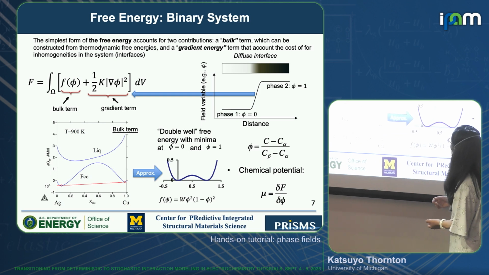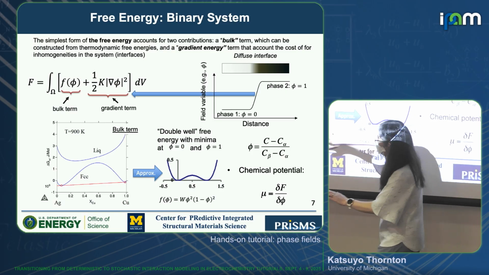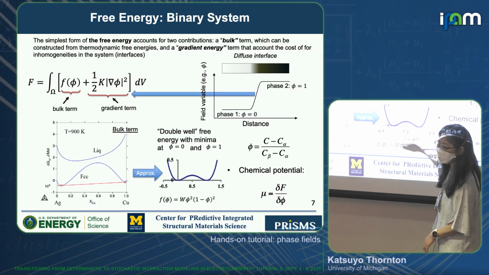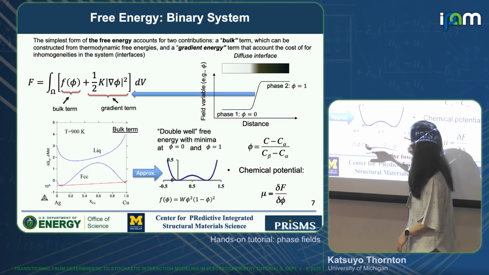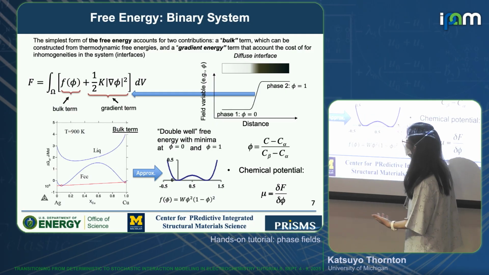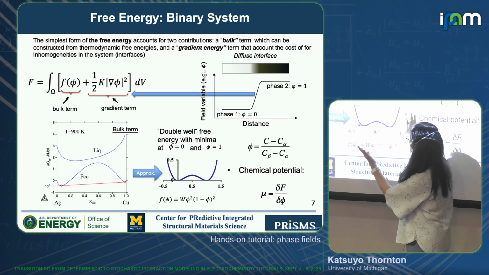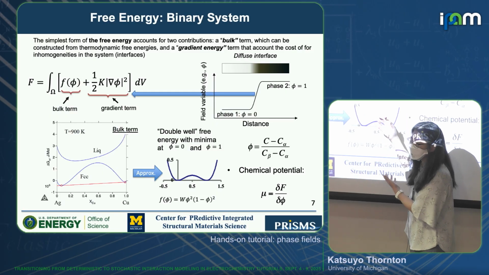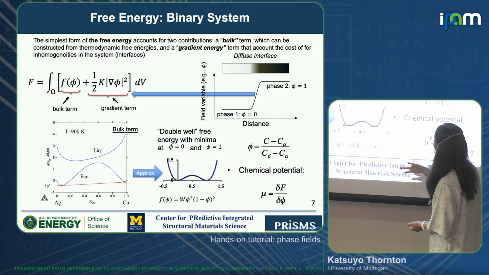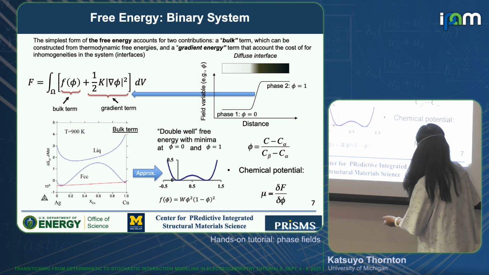Now, in practice, it often doesn't really matter what shape this is. So sometimes we use something simplified like this, where there are two equilibrium points. This is a quadratic function that allows you to take derivatives very easily.